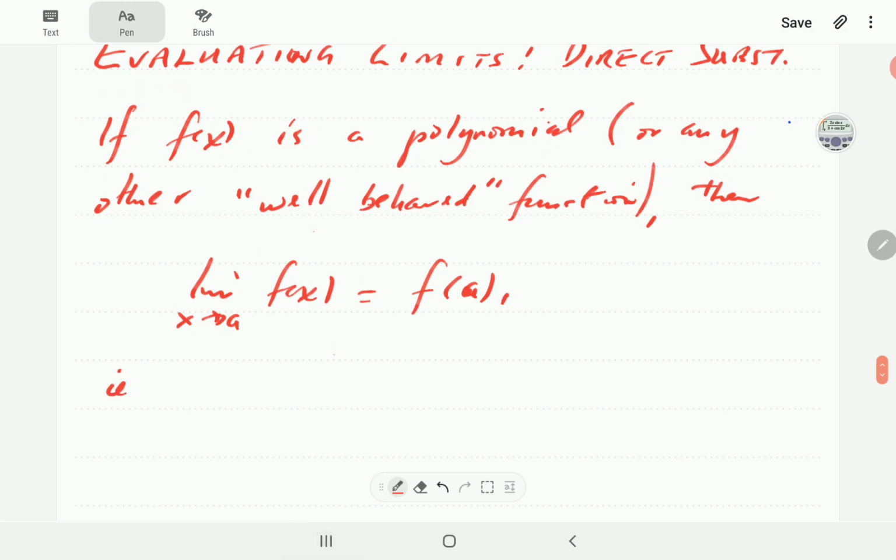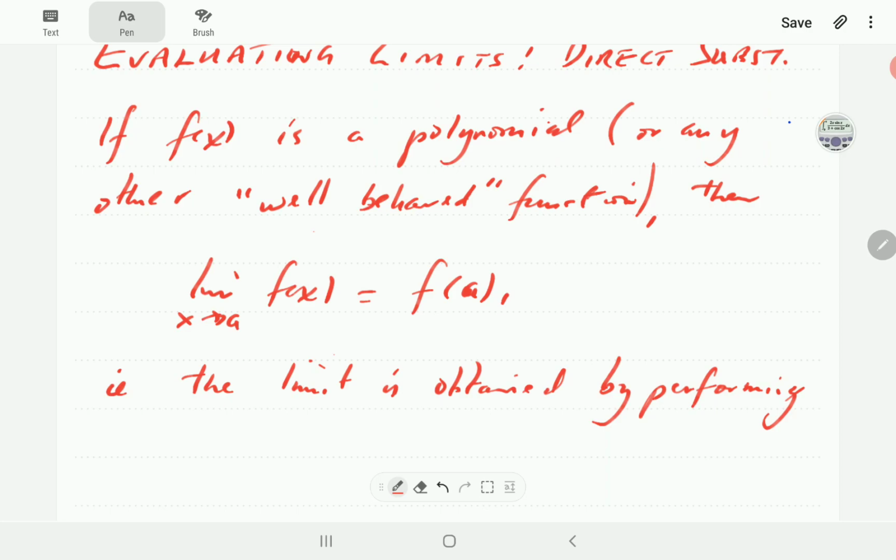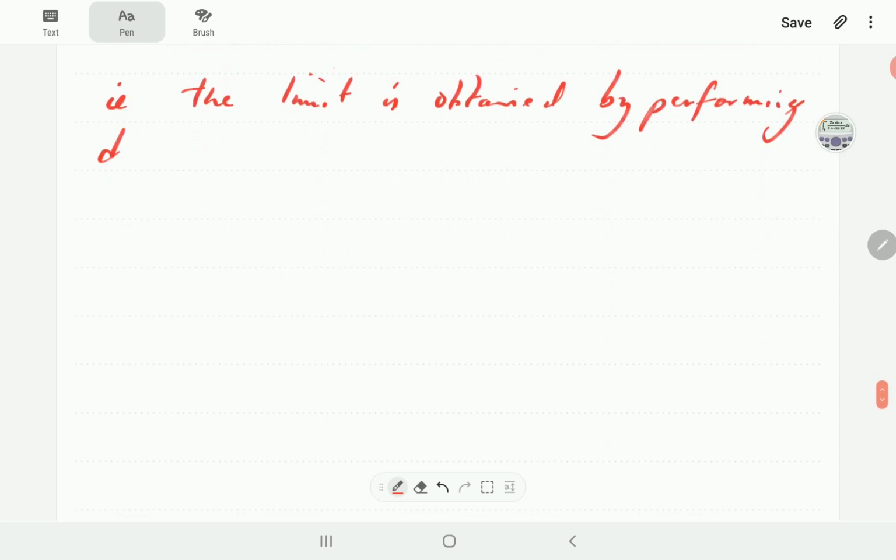So what this is saying is that the limit is obtained by simply doing direct substitution. All right.